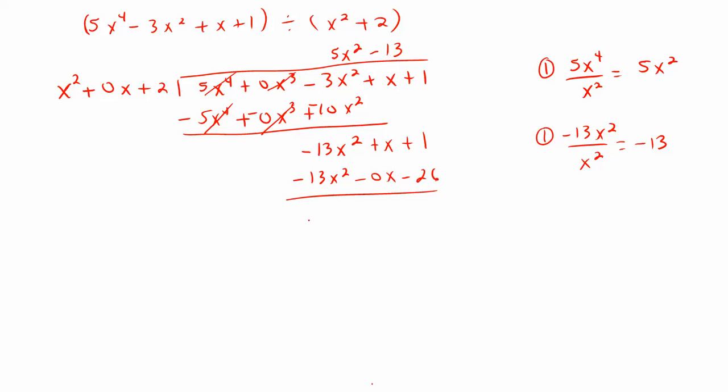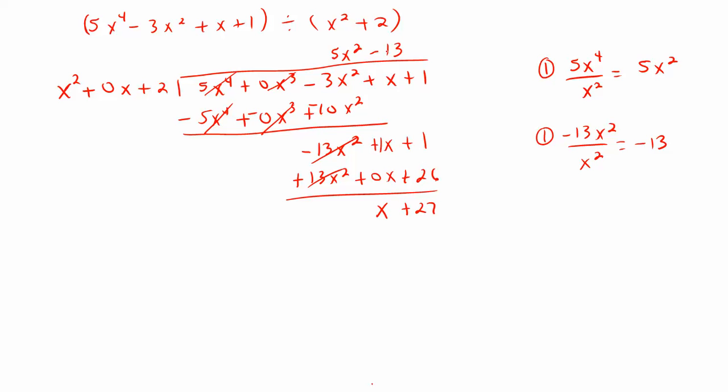Again, that next step in your long division is to subtract, which would change all the signs in that polynomial. So in this case, they were all negative or minus, so they will all become positive or plus. That cancels. 1x plus 0x is 1x. 1 plus 26 is 27.